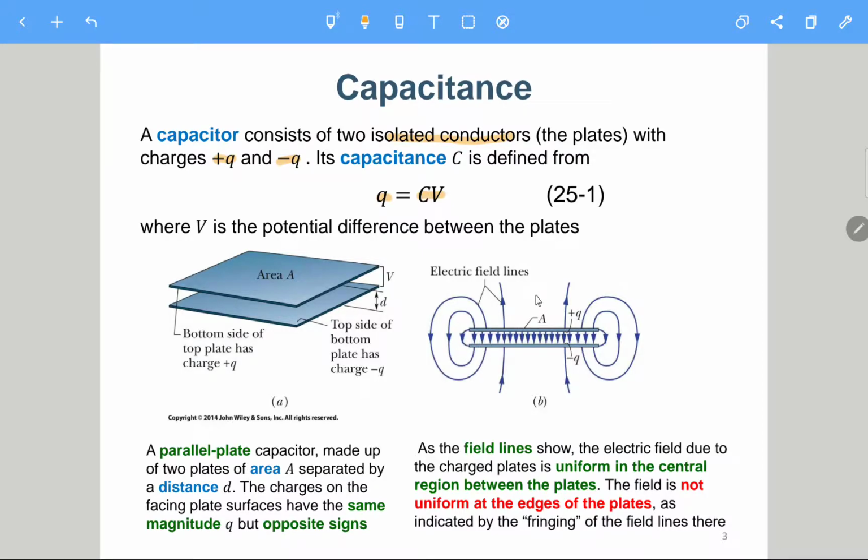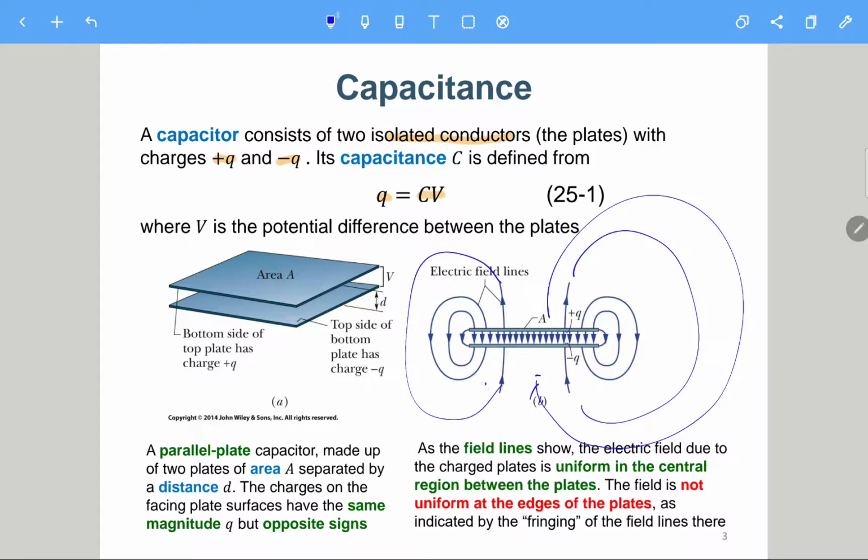And actually, outside the plate, there will be some E field lines like this, like this, like this. So we will at least assume the E field in between the two plates is uniform.